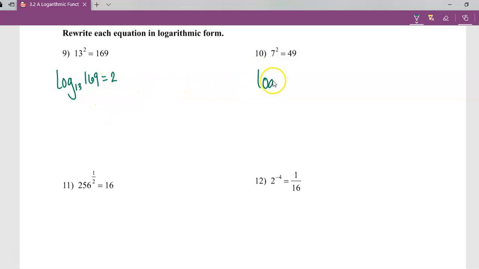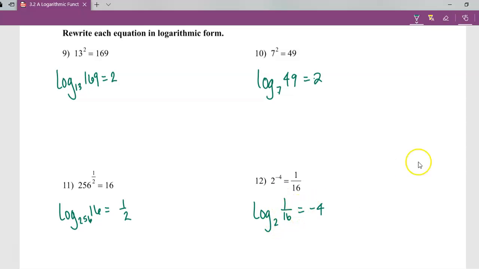So log base 7 of 49 equals 2, again, because 7 squared equals 49. When you're doing this, the number that's being raised to the exponent is always the small number, and then it always equals the exponent. Okay, so log base 2 of 1/16 equals -4.